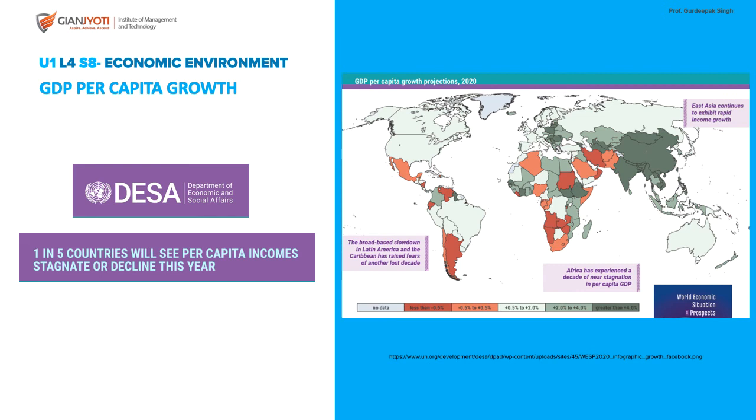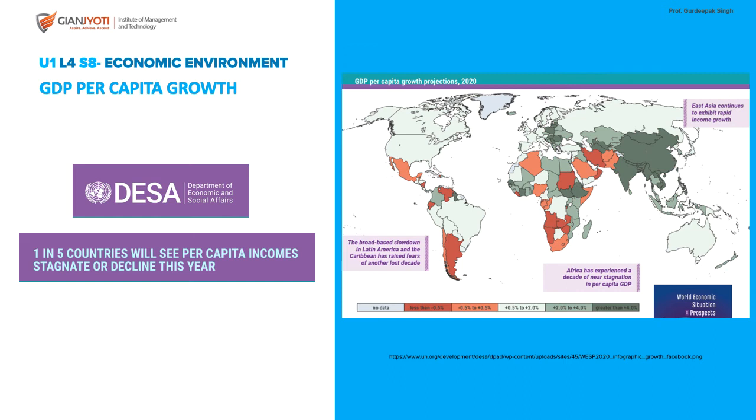If you look at this chart, you have the legend over here. If you look at India or East Asia, they are over there. It is going to be greater than 4%. If you look at Africa, as we were discussing, that is going to be less than 0.5.